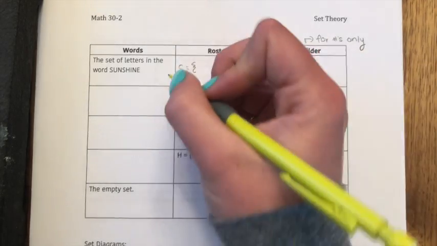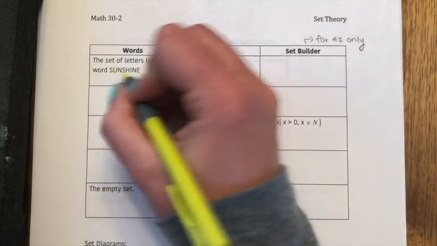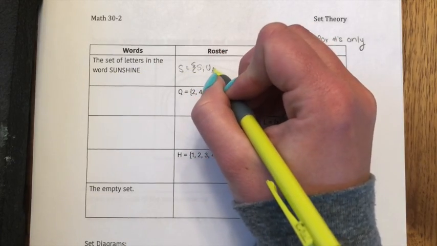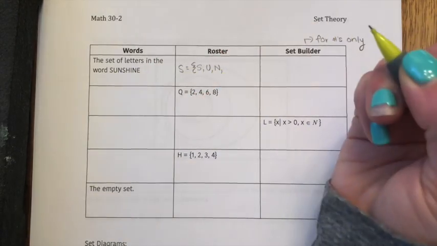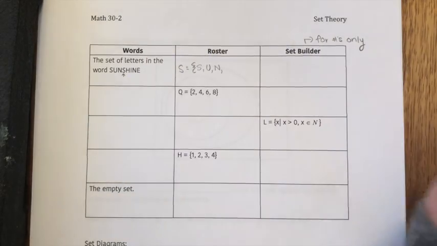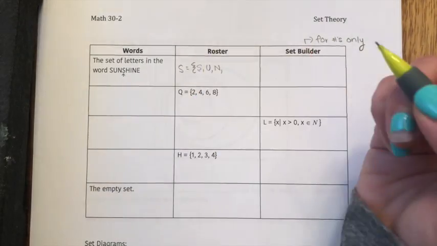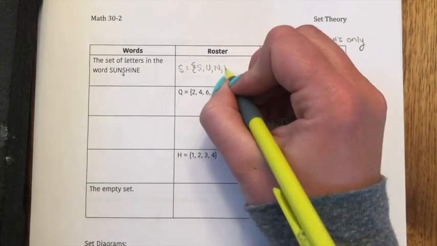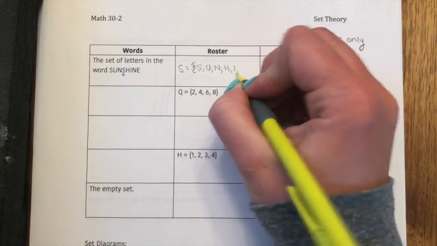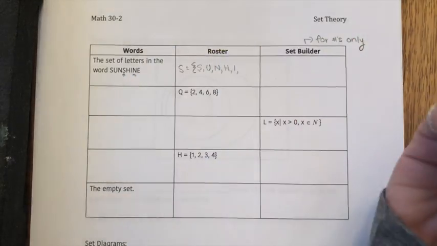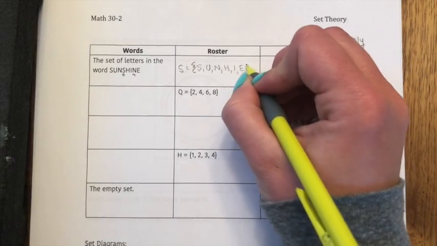We don't want any repeats. I'm going to start with S, N, U, N. I got ahead of myself. And then I see an S again. Because S is already listed, I'm not going to list it again. And then I have an H, an I, an N. Again, we already have one of those, so I'm not going to list it again, an E.